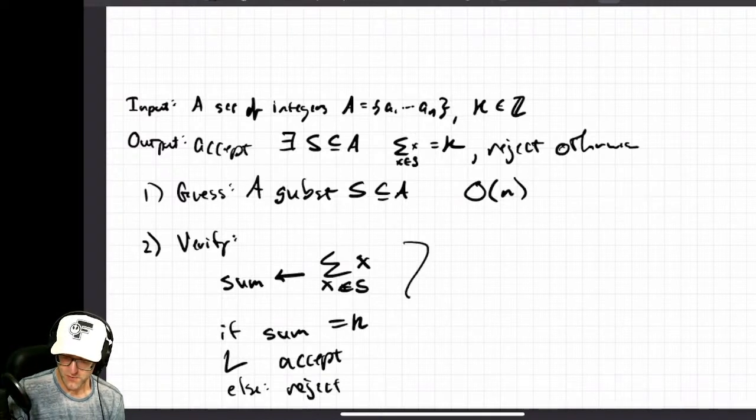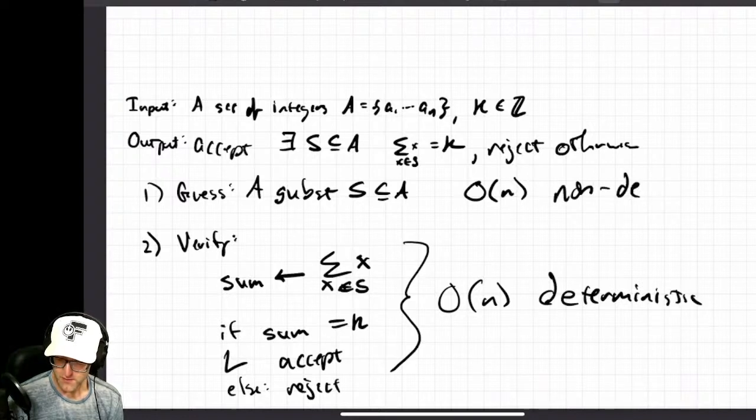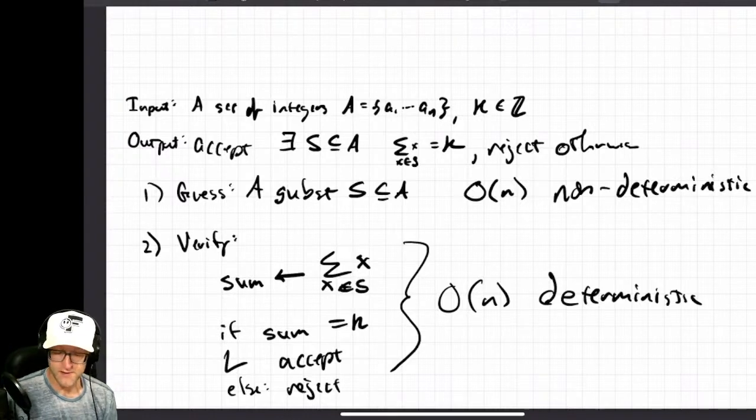This is, of course, going to be order n. But the thing is, this is deterministic. This is non-deterministic. So you can say that this is a linear algorithm, but it's non-deterministic linear, right? So this is enough to show that this subset sum problem is in NP.